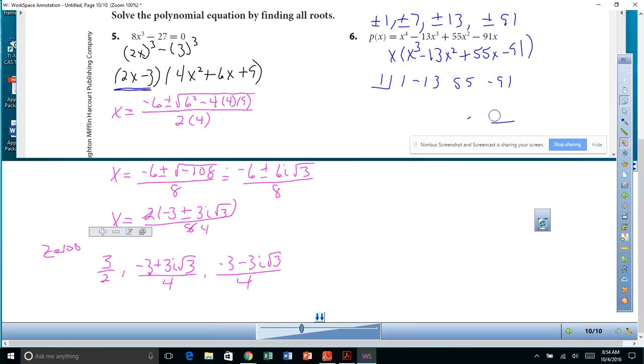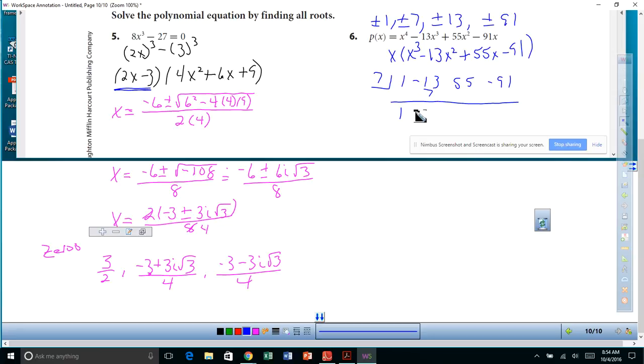If 1 don't work, let's try 7. Let's put a 7 in there. Bring our 1 down. We got 1. 7 times 1 is 7. That gives you negative 6. 7 times negative 6, that's going to be negative 42. That's going to give you a positive 13. Well, 7 times 13 we already know is 91.